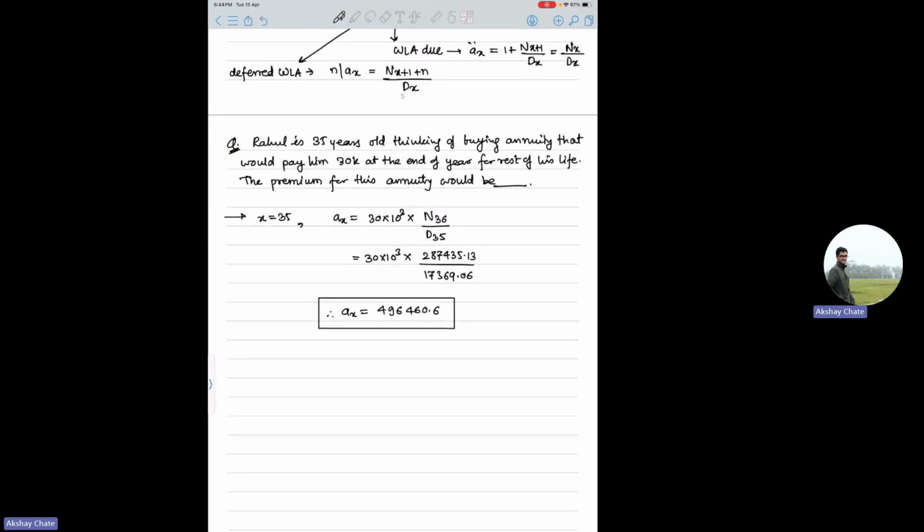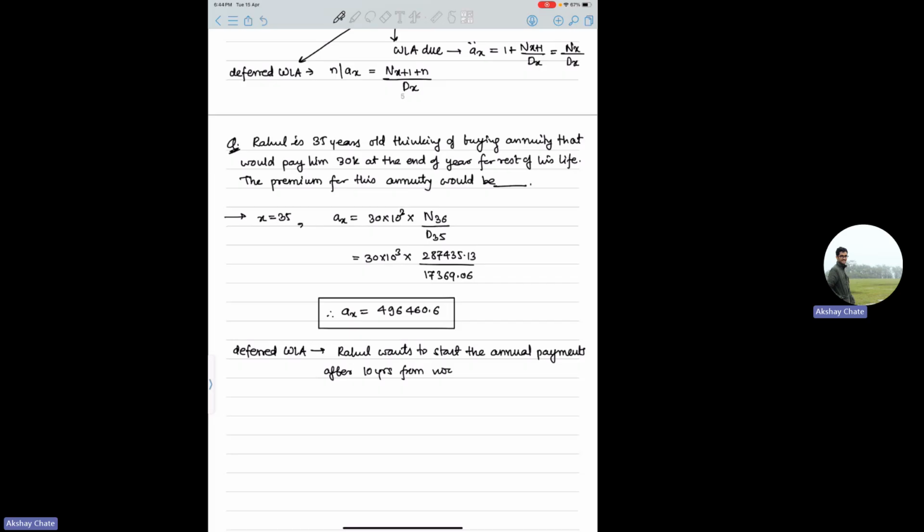And let's say he does a deferred whole life annuity, so he doesn't want the payment from the next year itself. He wants the payment after 10 years. So the same question with deferred WLA: Rahul wants to start the annual payments after 10 years from now.